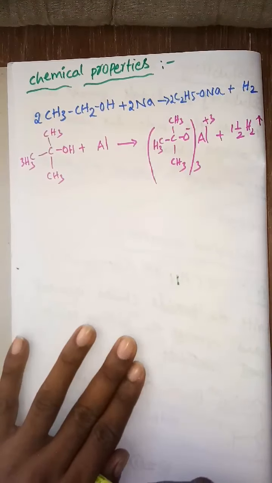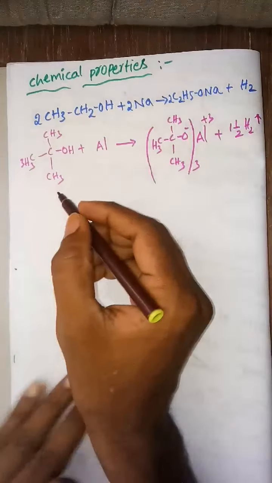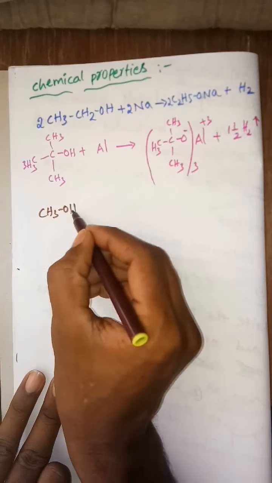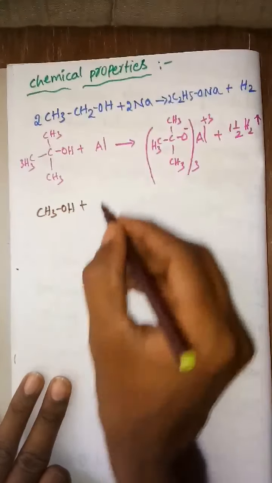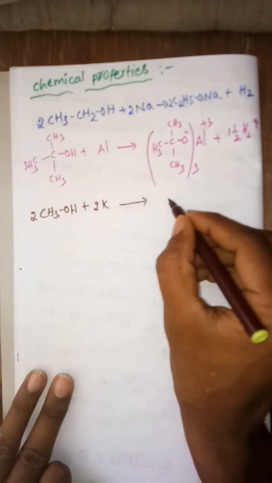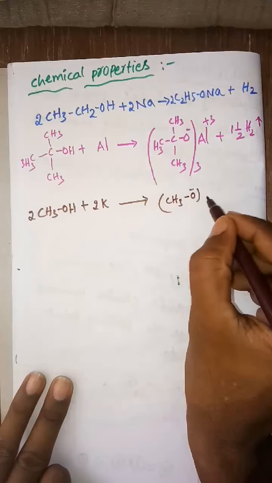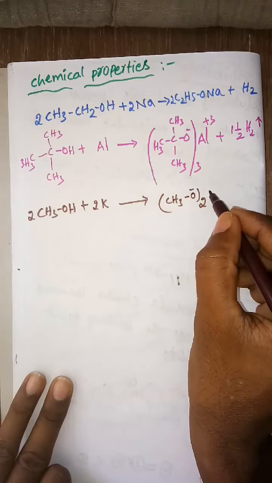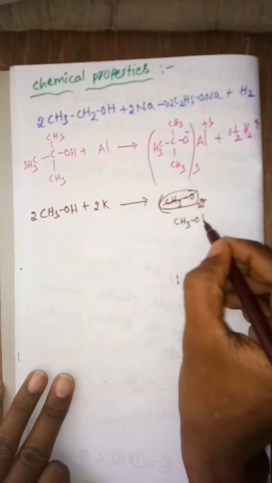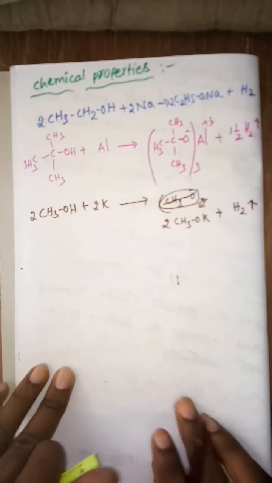Similarly, potassium is also similar. I took one example here, potassium. I'll take methanol, CH3OH. 2 moles of methanol react with 2 moles of potassium to form 2 moles of CH3OK, and 1 mole of H2 gas will be released.